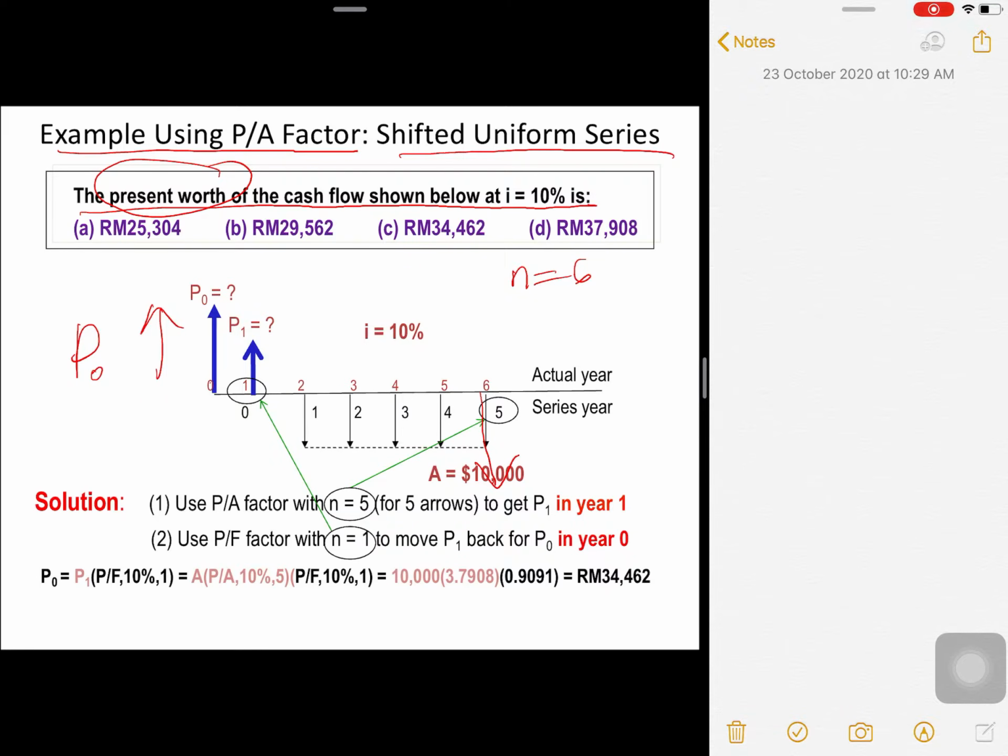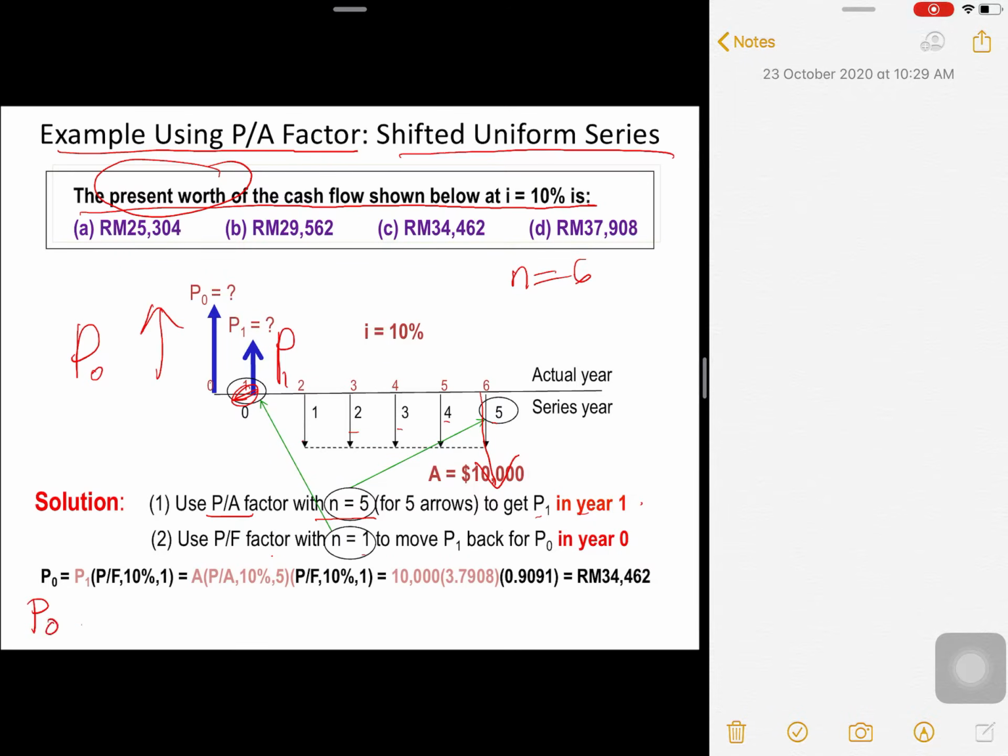How to solve this problem? First, we must use the P/A factor with n equals 5, for 5 arrows, 1, 2, 3, 4, 5, to get P1 in year 1. You must get P1 first. Then use the P/F factor with n equals 1 to move P1 back to P0 in year 0.